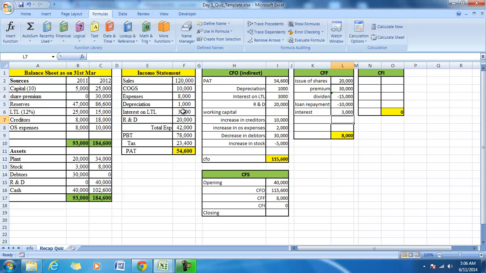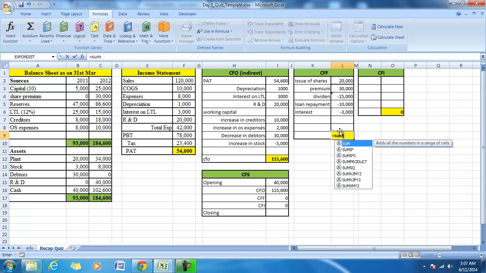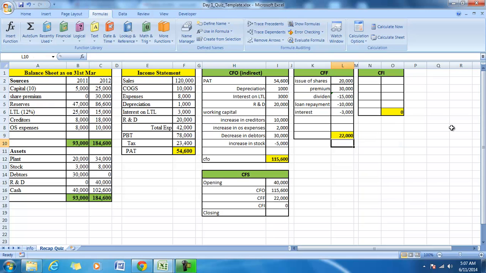So the CFF will be 50,000 issue of shares, 10, 20 plus 30. Interest payment is 3,000. The dividend payment is 15,000. The loan repayment is 10,000. So the summation of all these cash flows should give us the cash from financing. So cash from financing is 22,000 CFF.